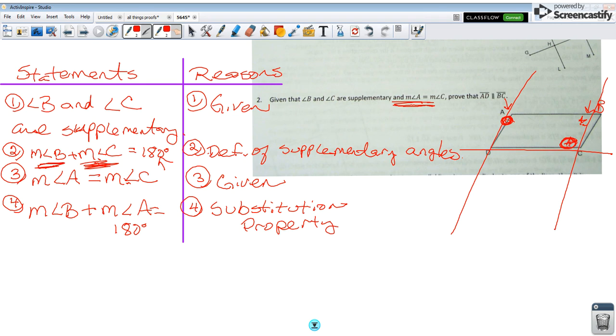Why do you know that they're two straight lines? Y'all think back to 8th grade basics. What angles are consecutive? Here's AB, here's DC.